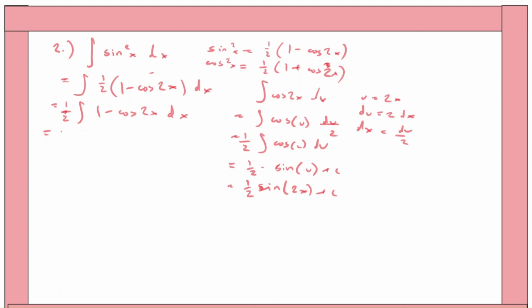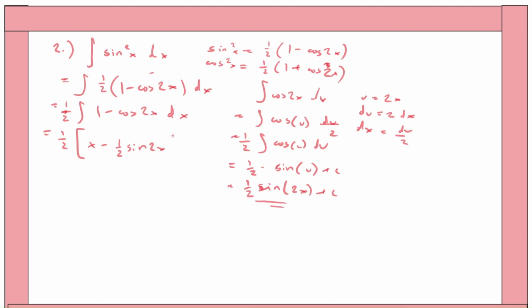Anyway, if we wanted to do this integral, we'd say 1/2. We would put a bracket here because the 1/2 technically needs to distribute to everything at the end. We know that a constant 1 just turns into x. And then this cosine of 2x turns into 1 minus the sine of 2x, as we went through over here.